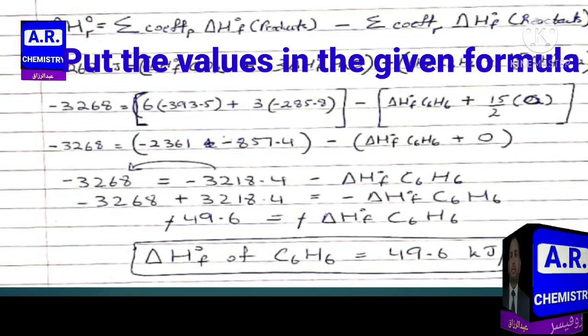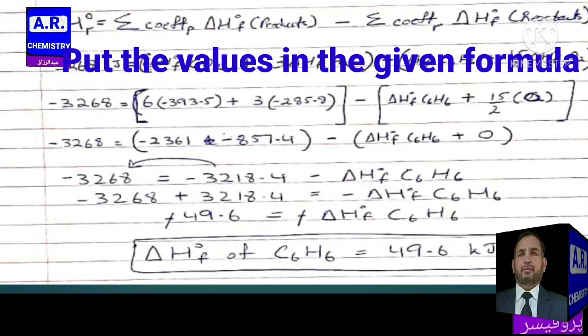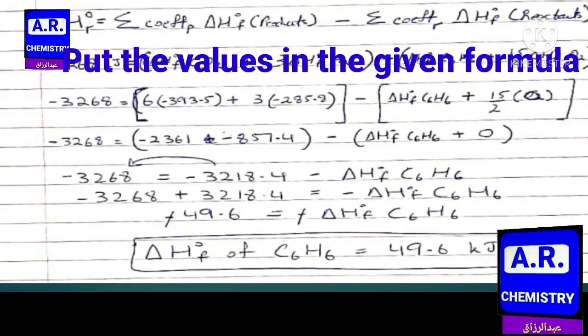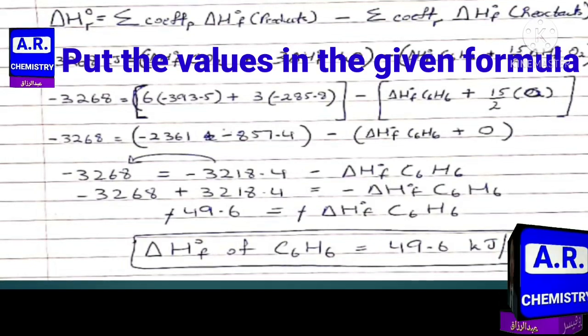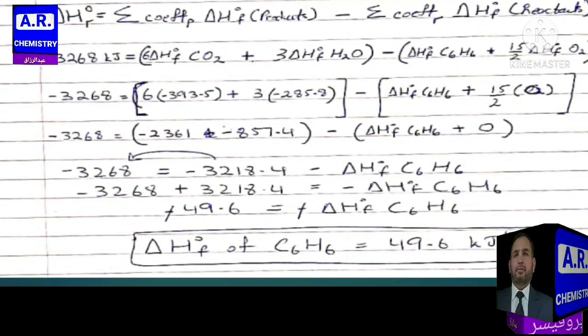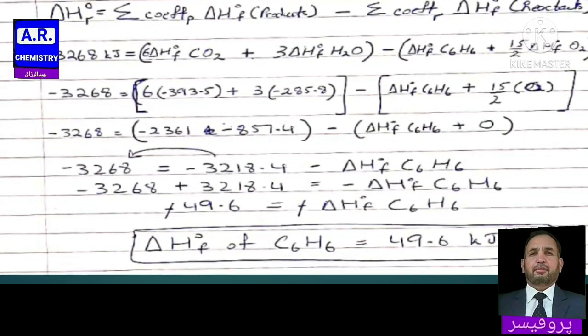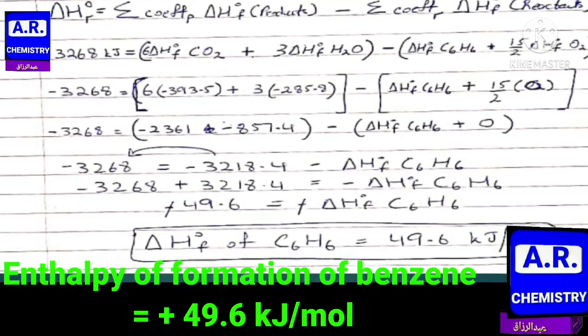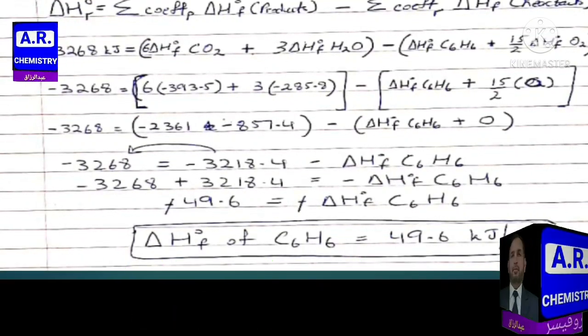You will get delta H naught f for benzene equal to 49.6, and definitely this value would be with a positive sign, so the enthalpy of formation of benzene would be 49.6 kilojoules per mole. So that was the second approach.